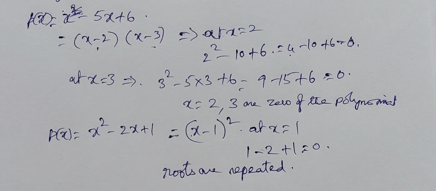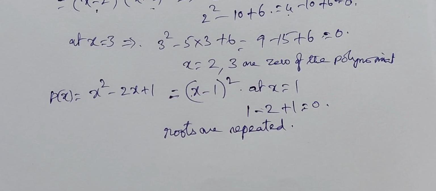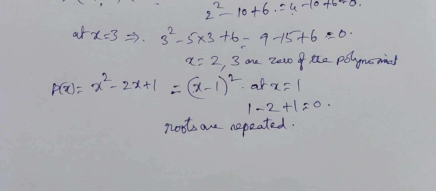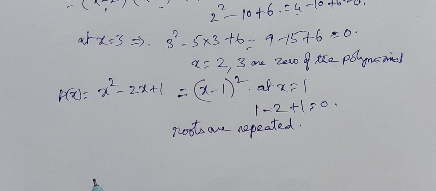Also, if there is an equation where it is not possible to get any value at which the given polynomial becomes 0, such polynomials are called polynomials having no real zeros. Is that clear? I will show you such an example.